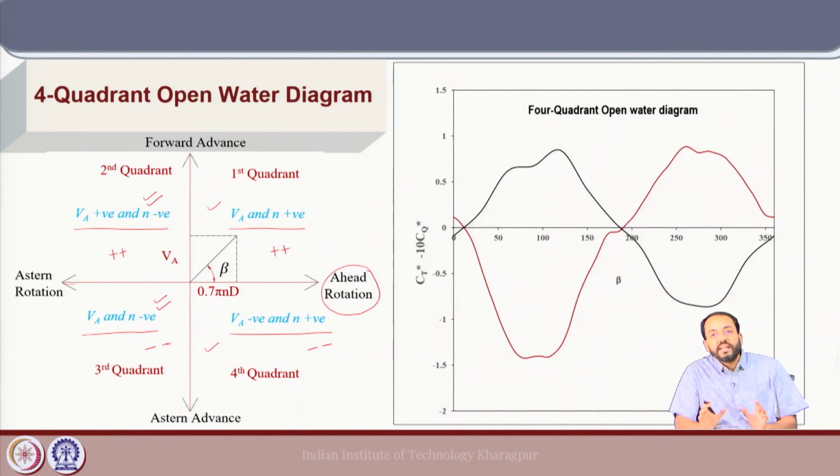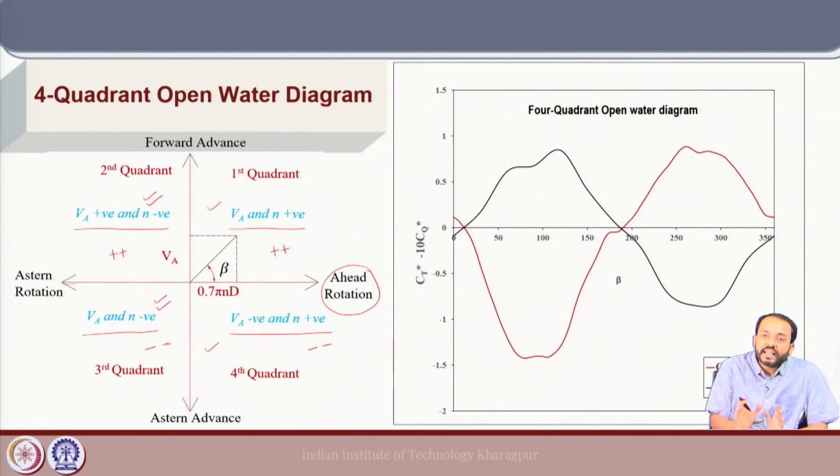For a propeller, it typically looks like this. It depends on the propeller design. This is taken for a specific propeller design, and the 4 quadrant open water diagram gives the variation of CT and CQ over the 4 quadrants, which corresponds to a combination of all these cases.